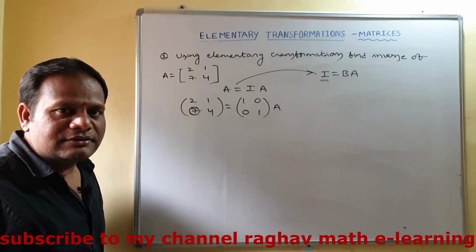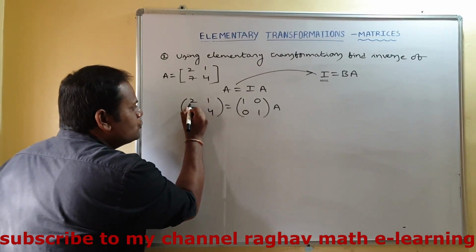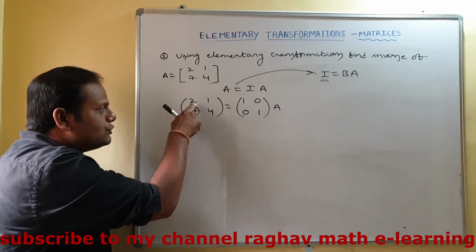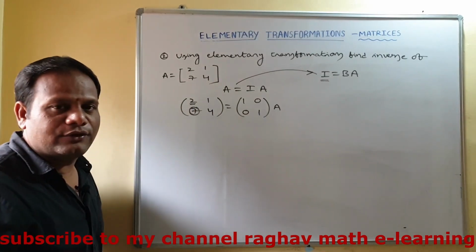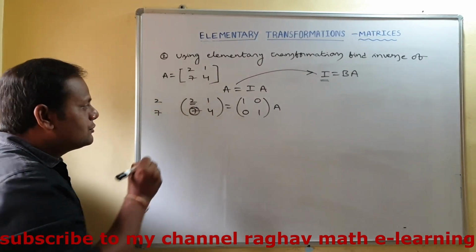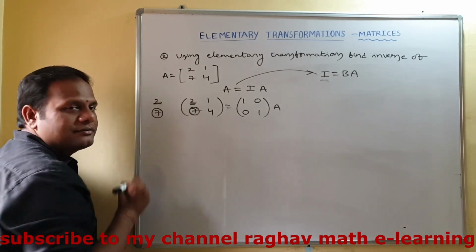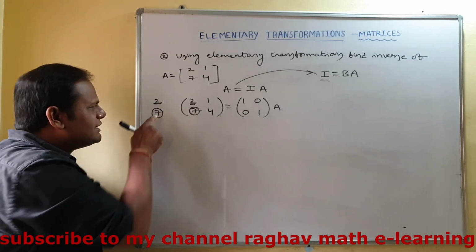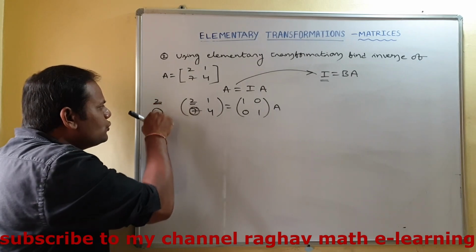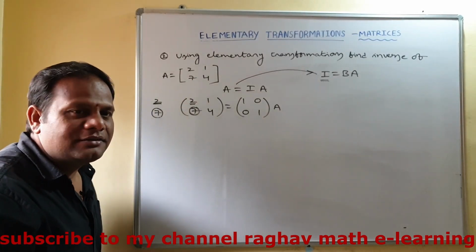In the identity matrix, in this place 0 will be there. So make this element 0 using this element. Listen carefully: 2, 7. You have to make this 0 using this element. To make this 0, first you make these two numbers the same, then we go for subtraction and we get 0.